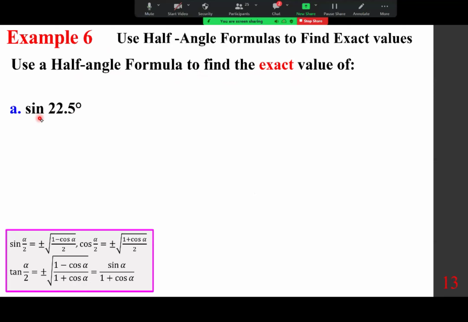Well, you find a common arc. That's the idea. This is half of 45 degrees, so sine of 45/2. And we are going to follow this.